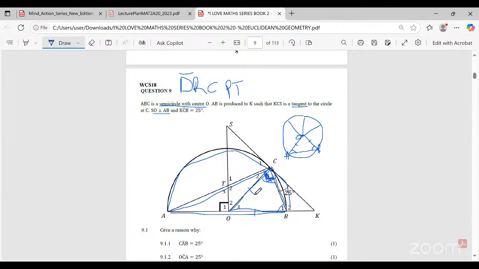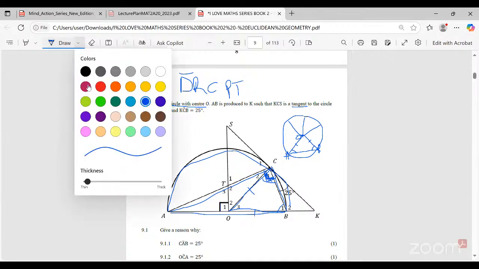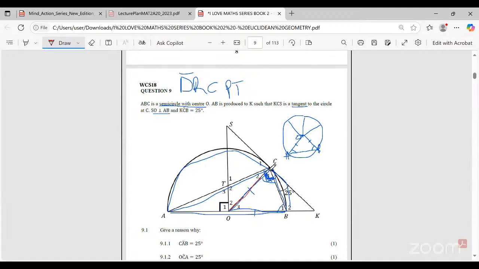Do you agree? Yes, sir. Okay, thank you. Same applies with O. Let me use a different color. OC here is equal to OA here. Therefore this angle will be equal to that angle because of these radii here. Then I think we are done with this radius information.